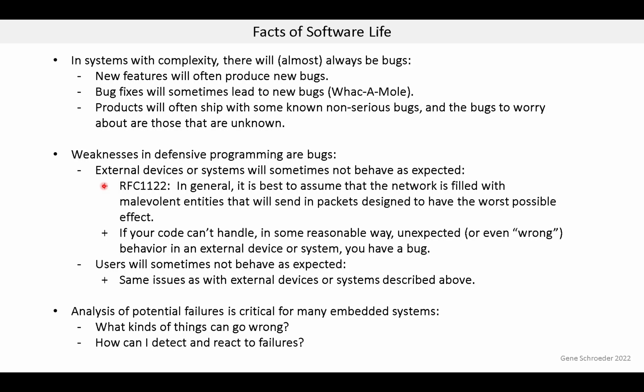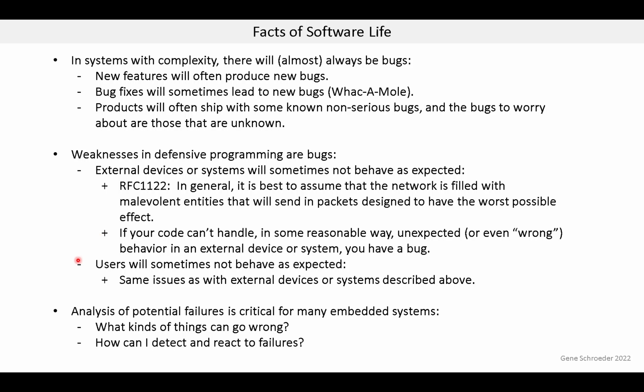Now, with security attacks, that's of course completely true. But even systems that are trying to play nice may send you packets that they think are okay, but that cause you havoc. So if your code can't handle in some reasonable way unexpected or even "wrong" behavior in an external device or system, you have a bug.